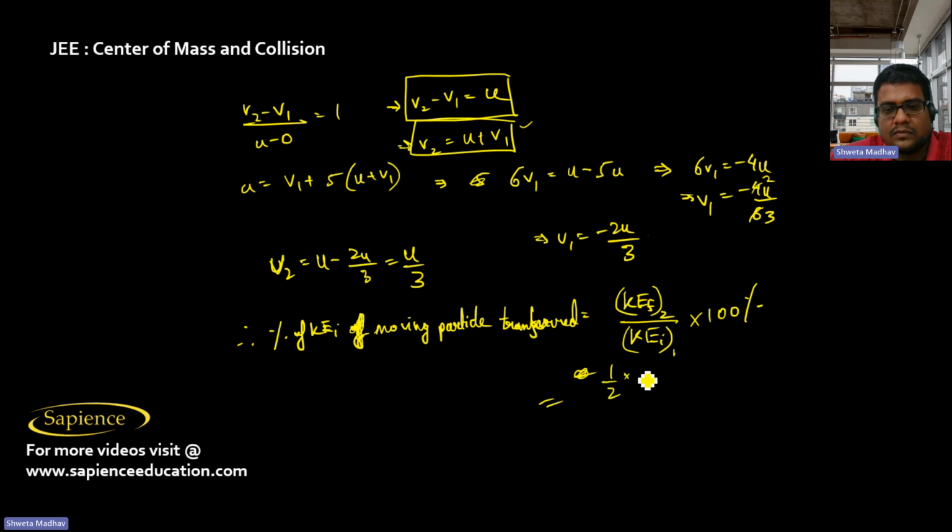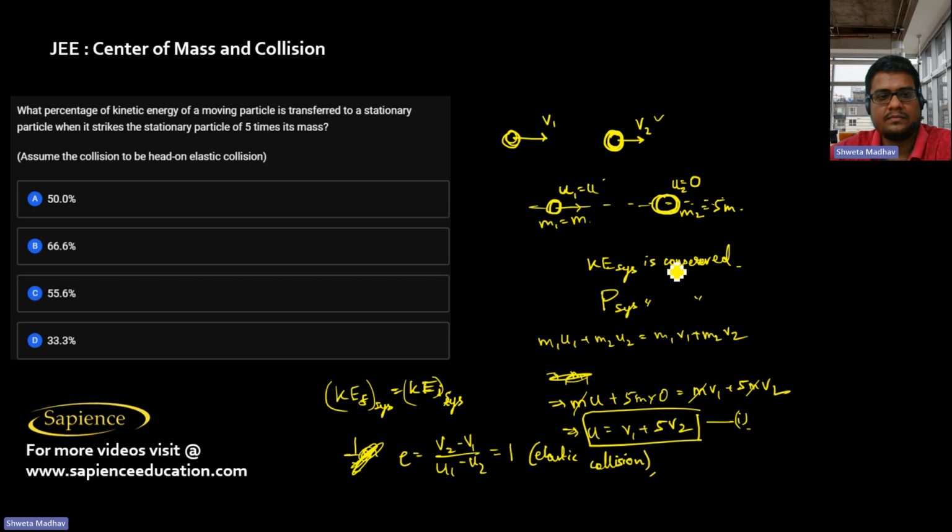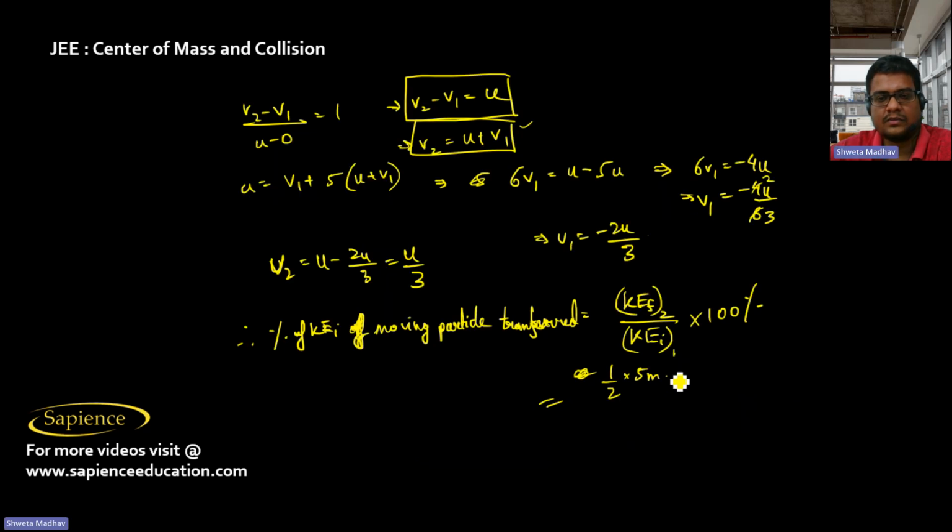into v2 square. Means it will be half into m2 into v2 square by half into m1 into u1 square into 100%. So half will cancel.